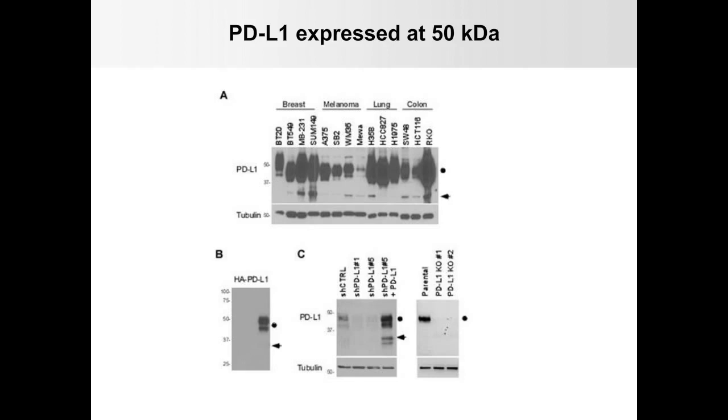To confirm this result, we made two shRNA knockdown clones to knock down the endogenous PD-L1, and we found out the 50 kilodalton signal disappeared. When we reconstituted the wild type PD-L1 into those knockdown clones, we found the 50 kilodalton signal reappeared.